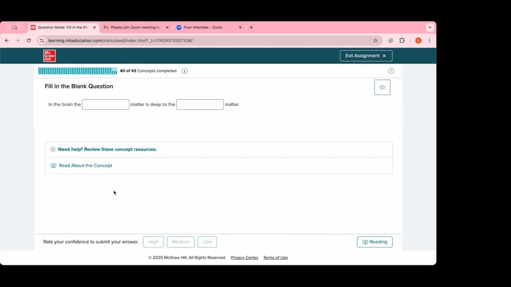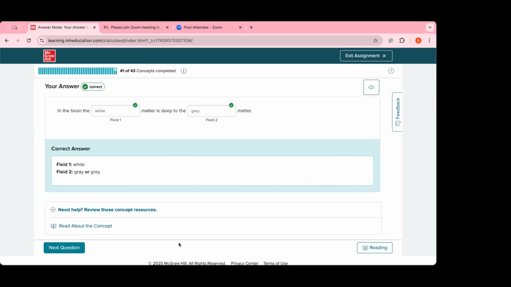The white matter is deep to the gray matter. It's a weirdly worded question, but I think that's what they mean, because the gray matter's on the outside. Okay, yeah.